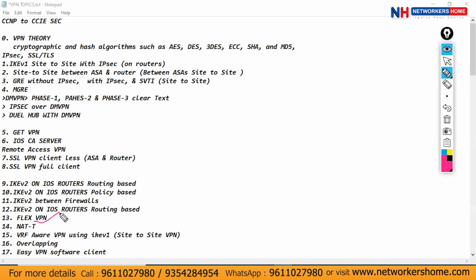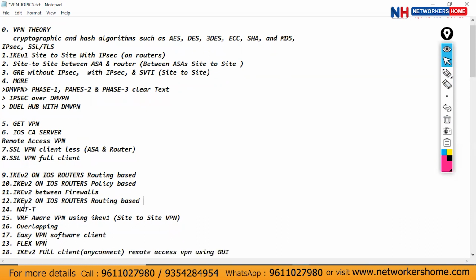Flex VPN gives you a flavor of IKEv2, site-to-site, multi-site and also remote access. Here you can see we are also going to learn about remote access. See, all these VPNs we are going to cover first before going for Flex VPN. So if I have to put in order, I would put Flex VPN at last.